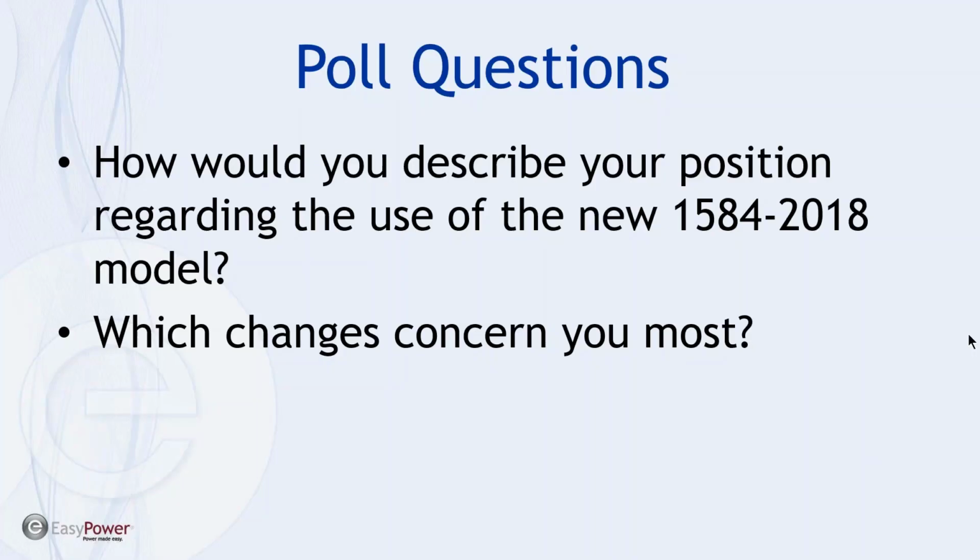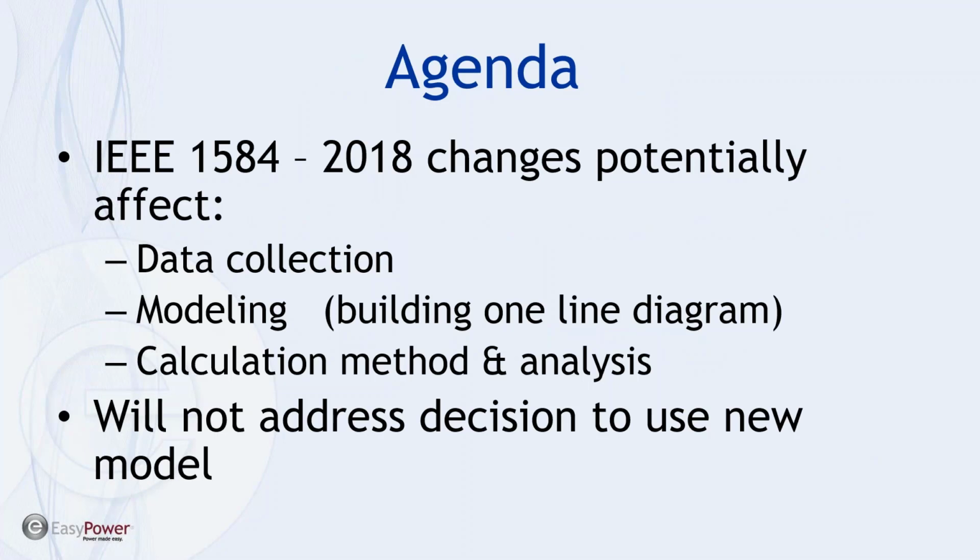So in essence, what we're going to talk about is how the different changes potentially affect the different steps or the different parts of an arc flash study. We'll describe a little bit about data collection, and that's probably the area where there's the most discussion about the subjective conditions of the standard. Then we will describe how the modeling is different and how to implement the newly collected data in EasyPower.